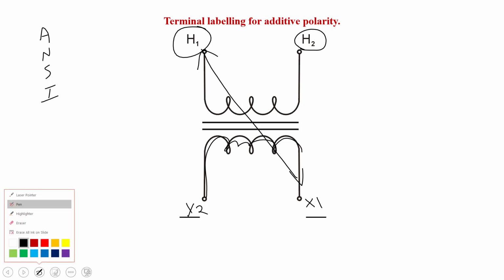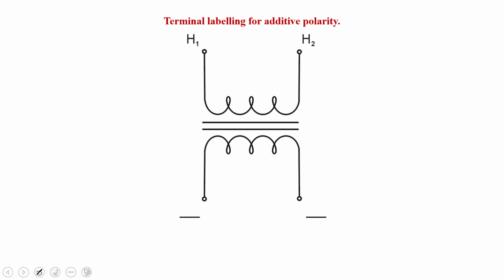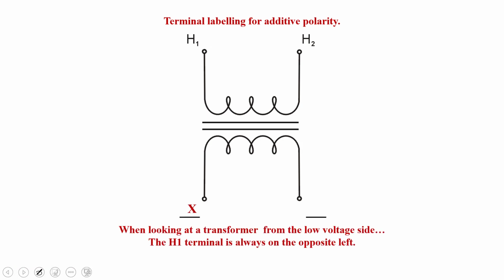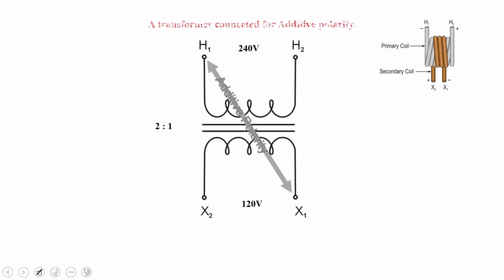So let's just go ahead, I'm going to erase this, and we'll get into a little bit of the understanding. So a transformer with additive polarity is what's indicated here. And you'll see that the terminal markings are not adjacent, but across from each other. So kitty corner to each other here. And that's how we know that we have an additive transformer.